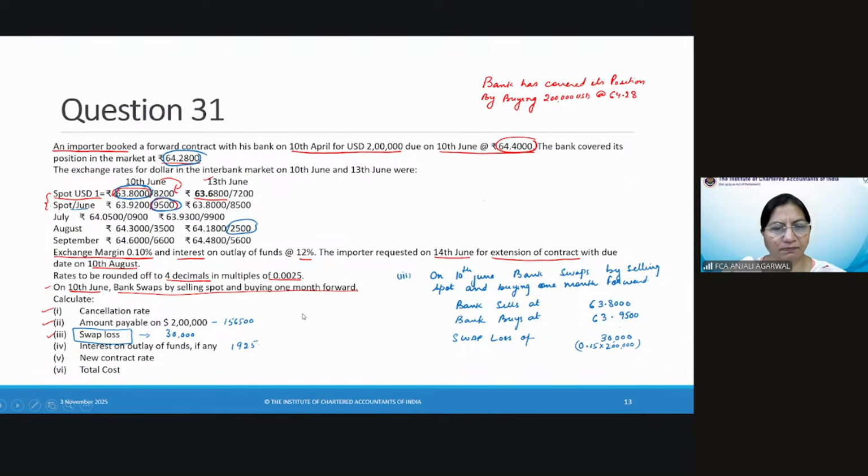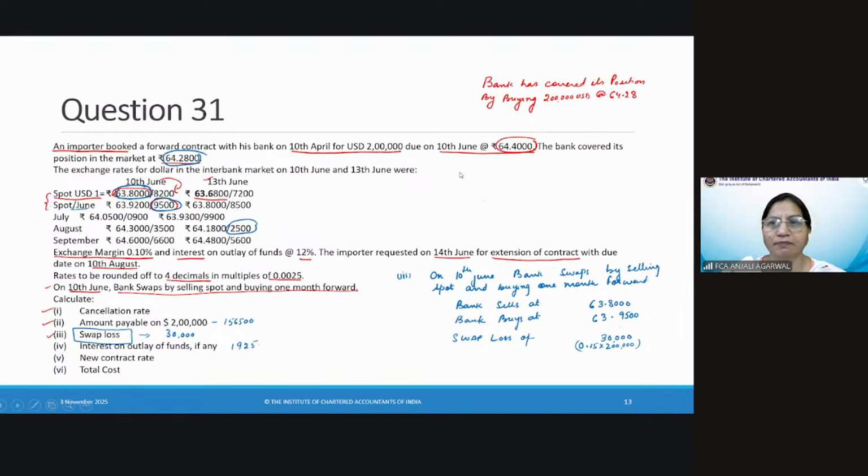Because the new contract has been made on 13th June, the payments have been made by the bank from the very beginning. No, on 10th June the bank entered into the contract. So the outflow of funds for the bank is at the rate of 64.28 on 10th June itself.